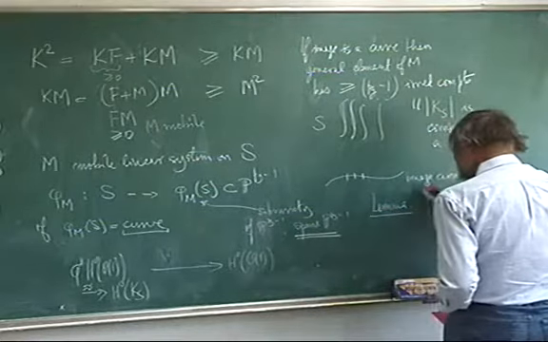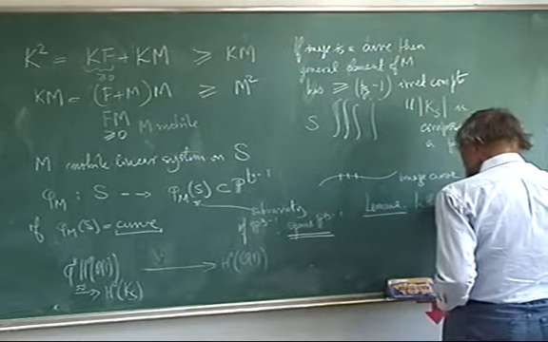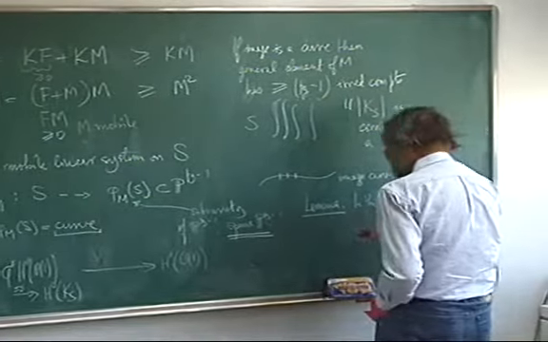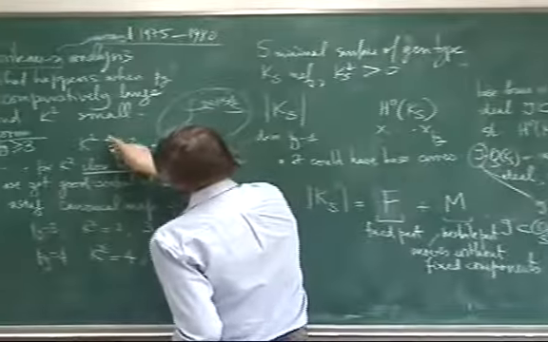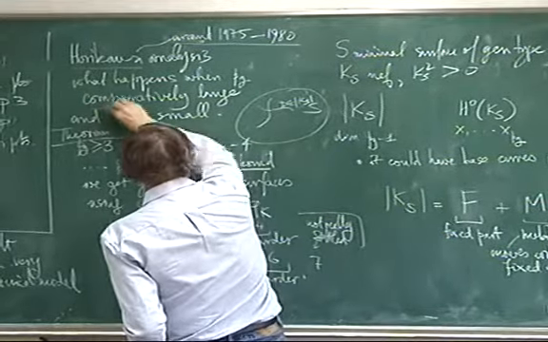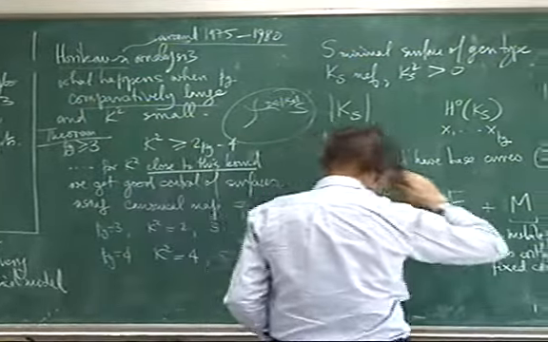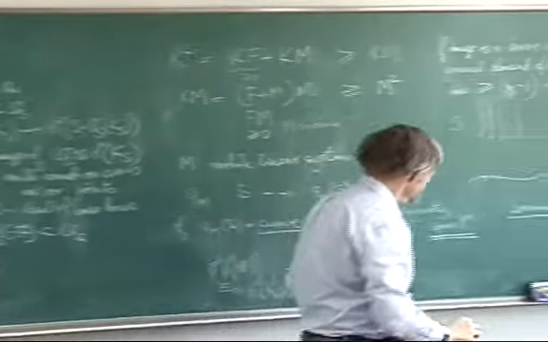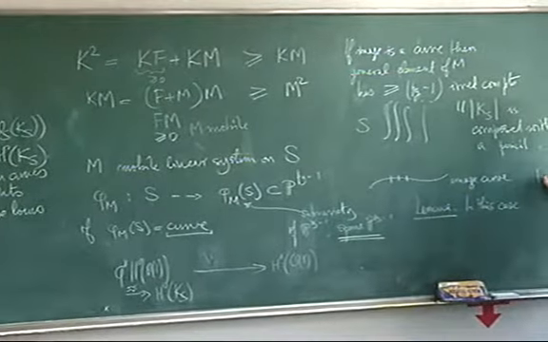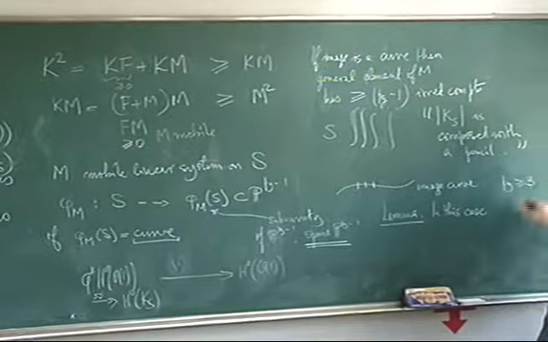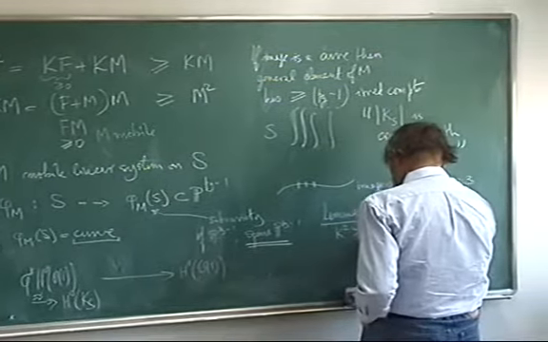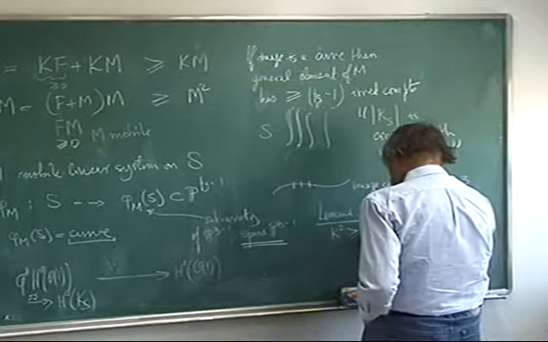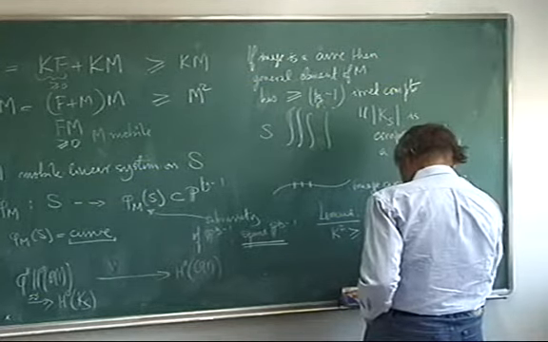Lemma. In this case, remember I'm assuming here that p_g is comparatively large. So let me assume that p_g is greater than or equal to 3. In this case, K squared is greater than or equal to 2p_g minus 2.